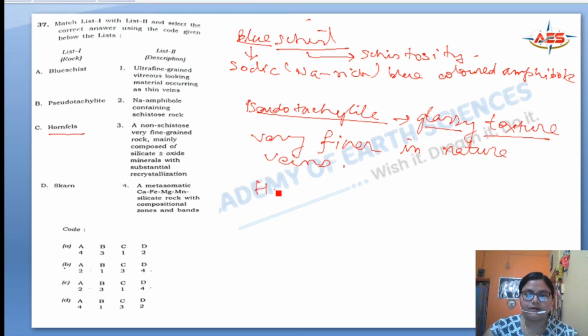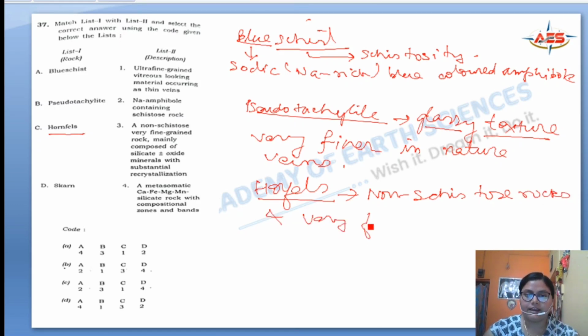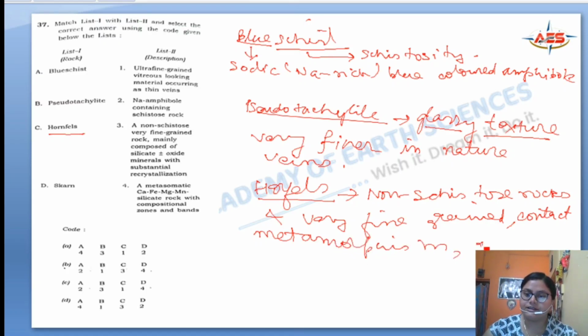Now the third is hornfels. What are hornfels? Hornfels are non-schistose rocks and they are very fine grained, and they are mainly formed due to contact metamorphism, due to which there is recrystallization that occurs within the minerals.